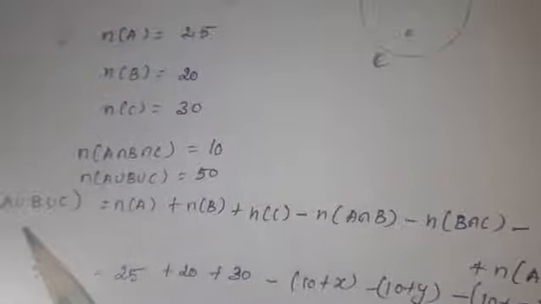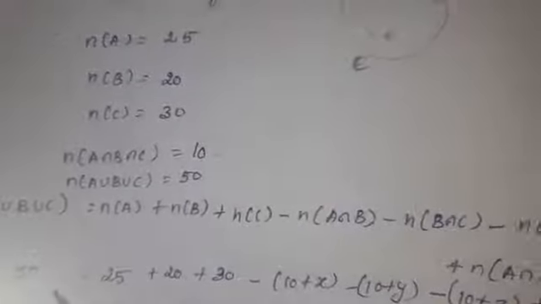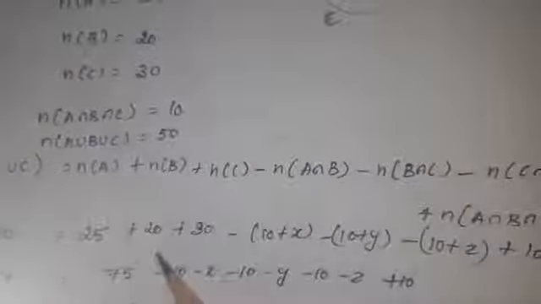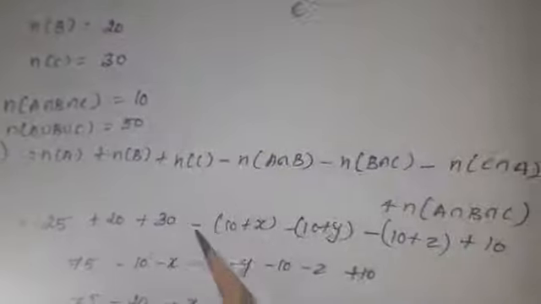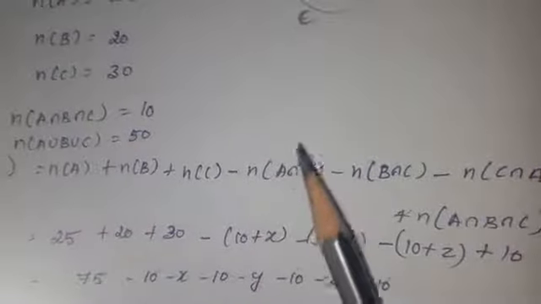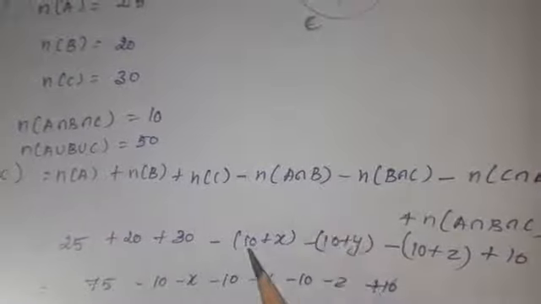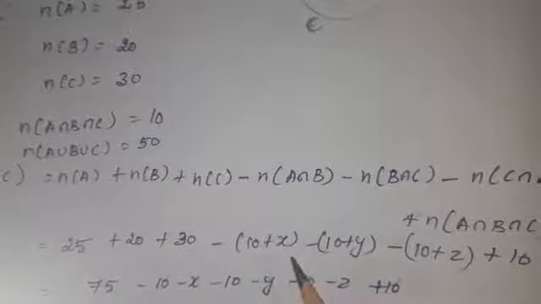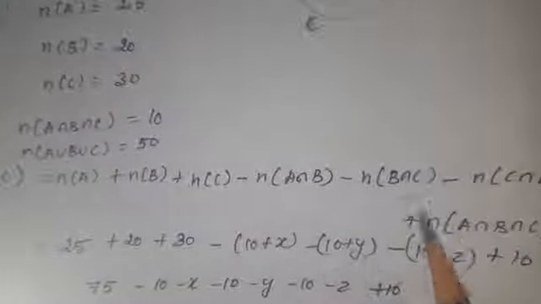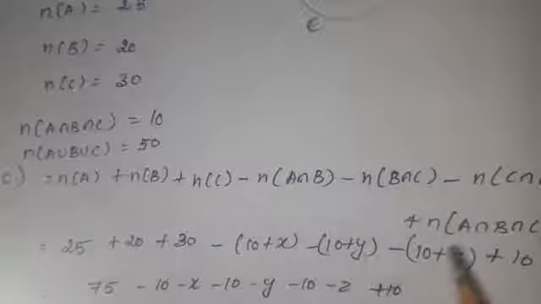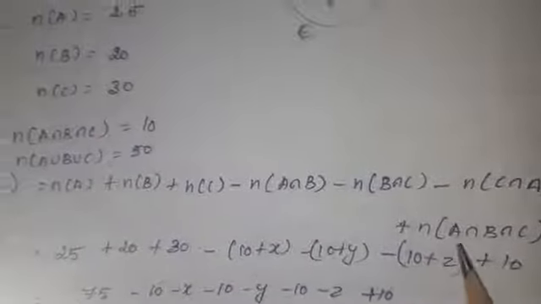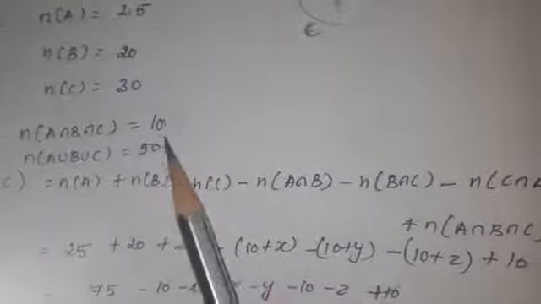Come to that formula. N of A union B union C is 50 is equal to N of A 25 plus N of B 20, N of C 30 minus, now only explained in the diagram, N of A intersection B is 10 plus X minus, here two terms comes, so use the bracket, minus B intersection C 10 plus Y minus C intersection A is 10 plus Z plus N of A intersection B intersection C is 10.